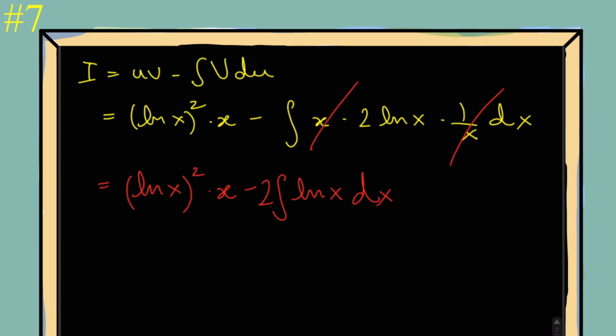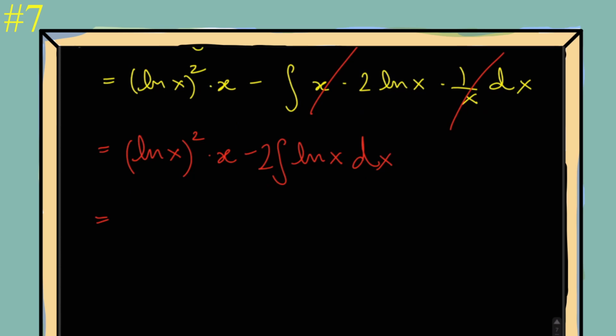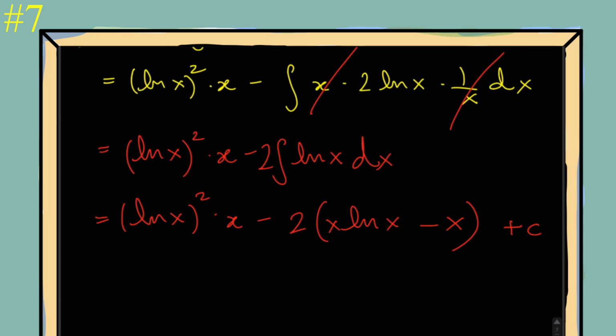And since that's a basic function, it's an integral that you could do by parts, by letting u equal ln x and dv equal dx and doing another step. But since it is a simple function and one that you should memorize, I'm just going to state the answer: x ln x squared minus 2 times x ln x minus x, all that plus c. So that would be the answer.